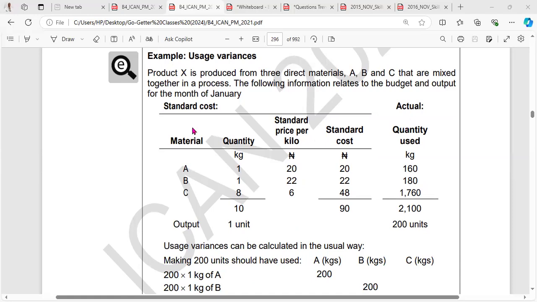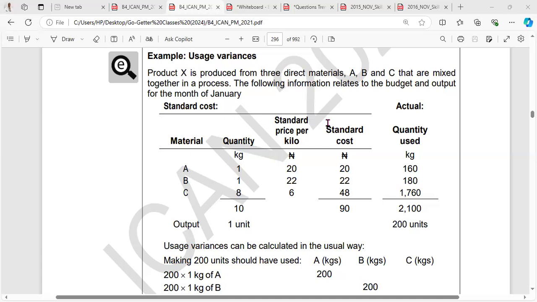Now look at the standard cost for 1 unit. What it means is that for material A, B, and C, look at the quantity required for making that one product. Then look at the standard price per kilo, and this is the quantity in kilos. So this is the standard quantity.